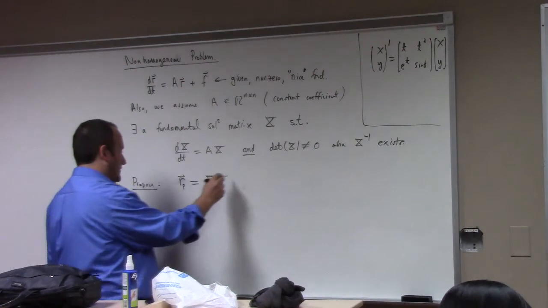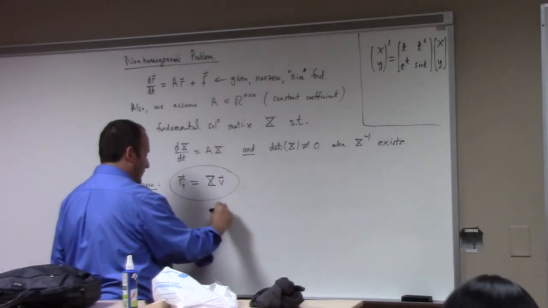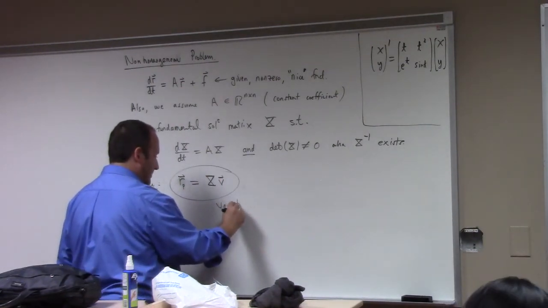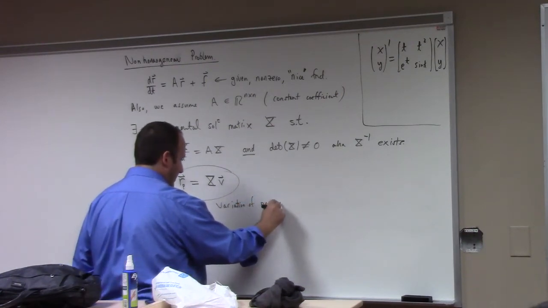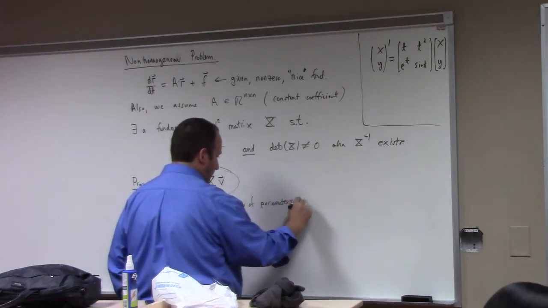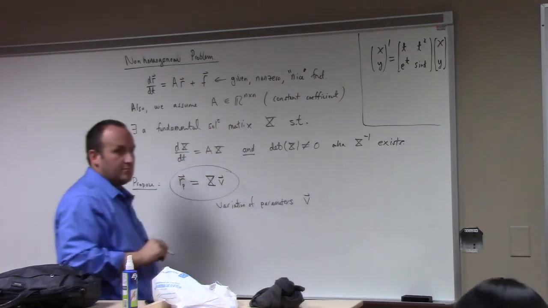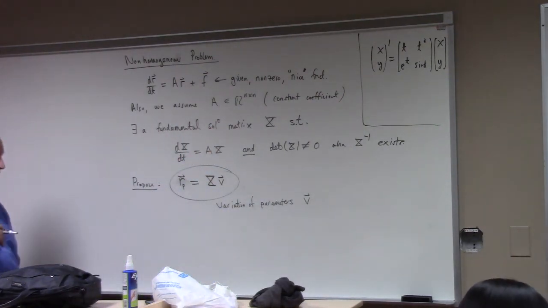So this is variation of parameters for systems. The parameters here are v. Perhaps that's a general enough guess to solve the problem. Let's see if it works.